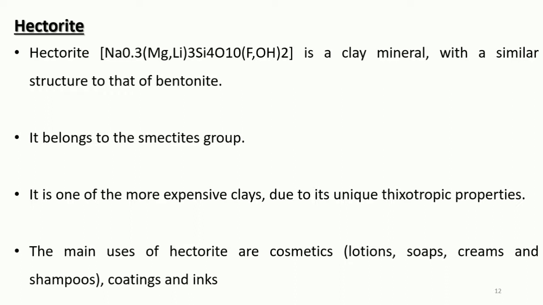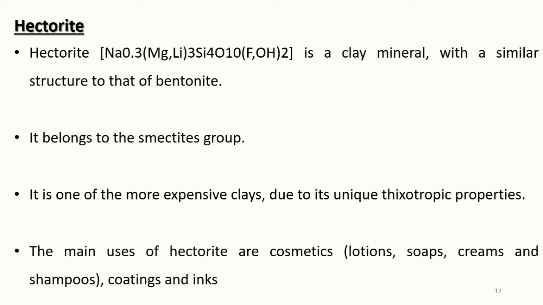It is also employed as a molding sand in metal casting and as a filler in the paper industry. We have already discussed that kaolinite is also used as a filler in the paper industry, and almost 50% of the kaolinite was used in the paper industry. So hectorite also has the same property as a filler in the paper industry.